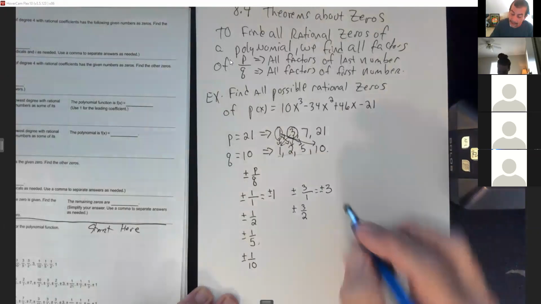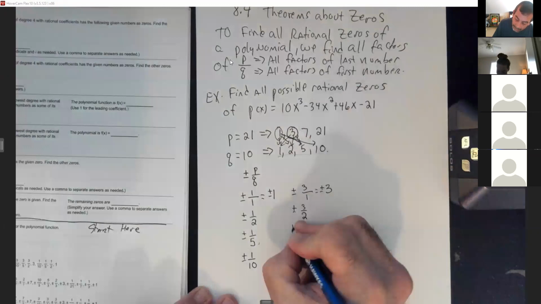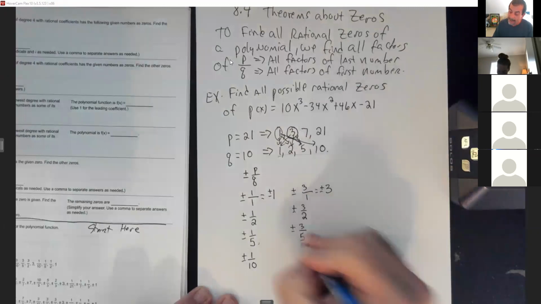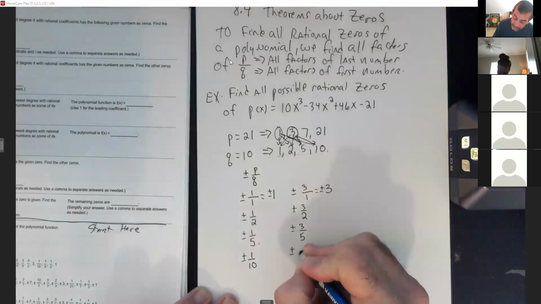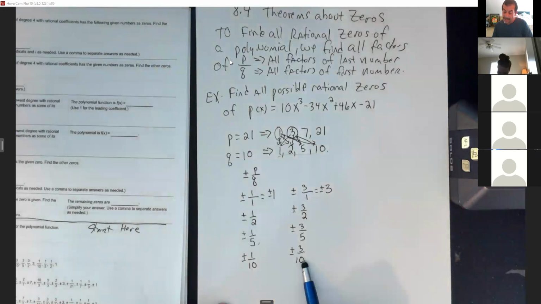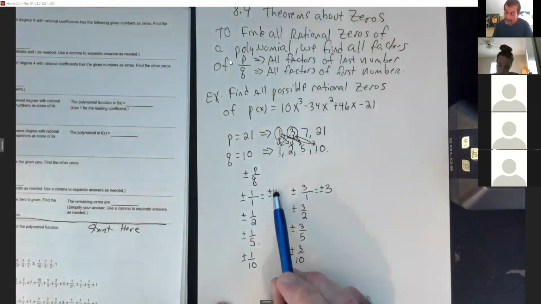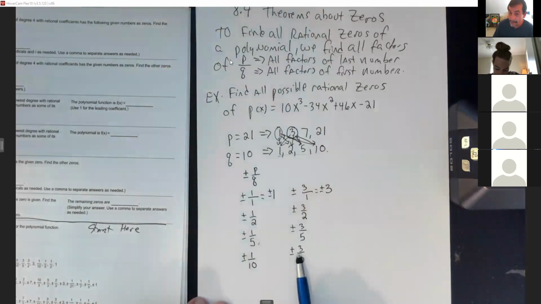So then I take the 3, divide by 5. That one doesn't simplify. And then finally take the 3, divide by 10. All right, so that doesn't simplify. So at the moment, I've got 2, 4, 6, 8, 10, 12, 14, 16 possible zeros.